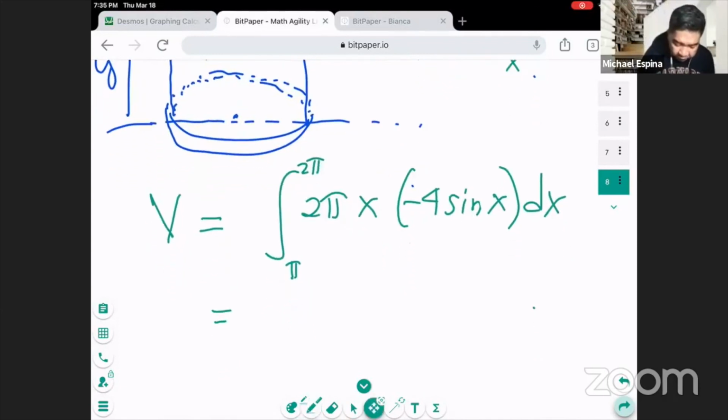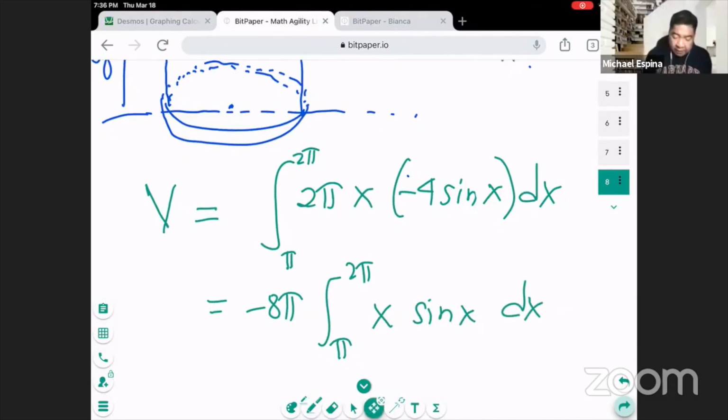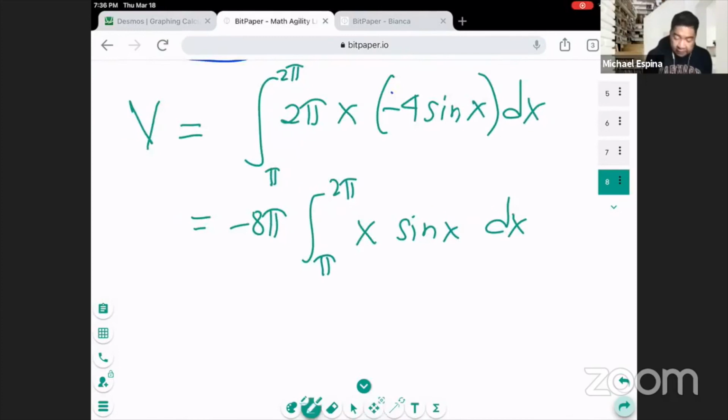So let's take out 2 pi from the integral equation. So pi to 2 pi, negative, and also 4. Negative 4 times 2 is negative 8, so negative 8 pi here, and sine x dx, right? By using integration by parts, let u equal x, so du is dx.